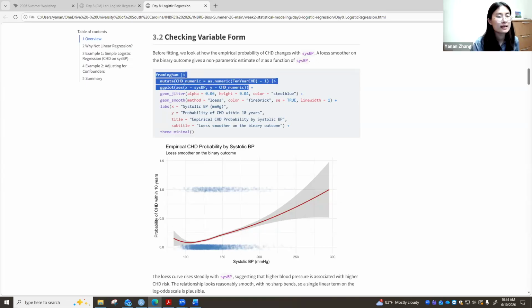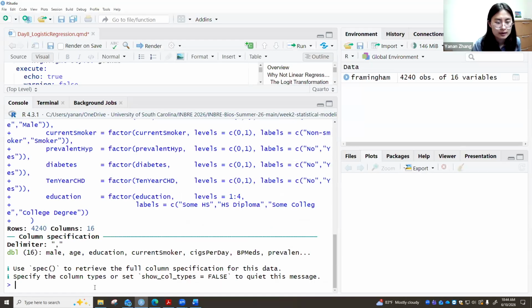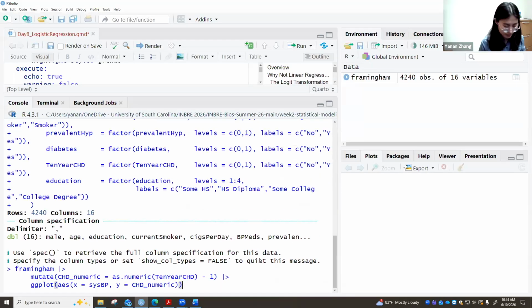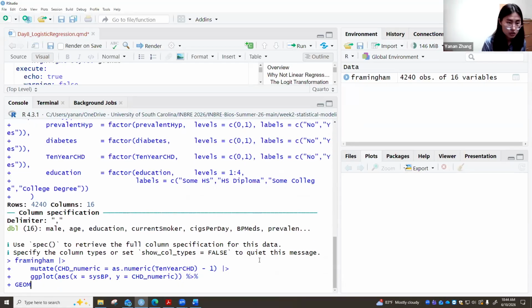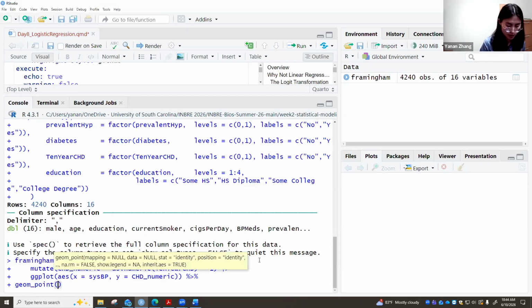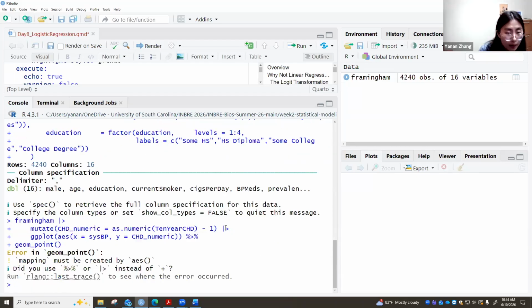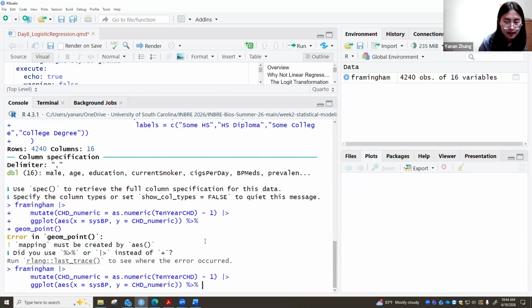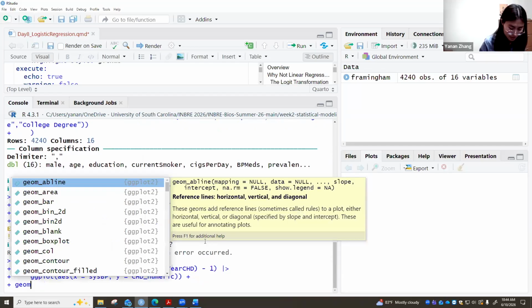I will copy this to our R, and then I suppose we want to use geom_point here. So let's look at what we got. Oh, sorry. Here is not a pipe. Actually, it is a plus sign. geom_point.